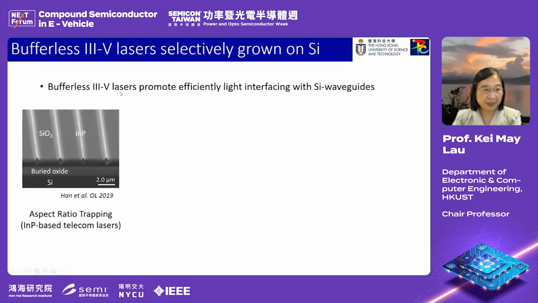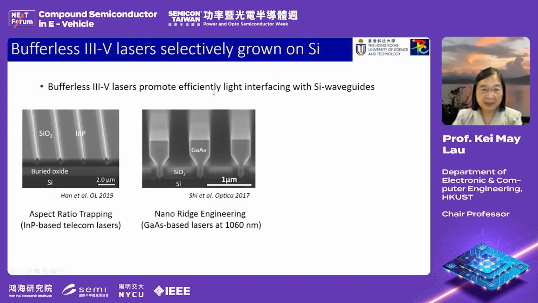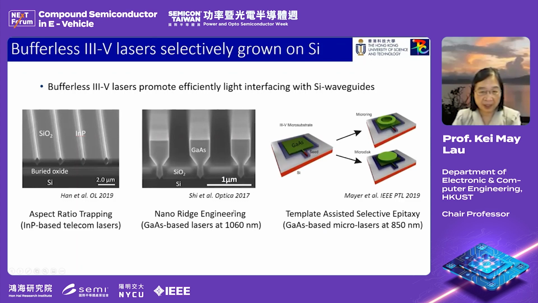And so we have demonstrated this, we call it the bufferless laser, and then it can be integrated with the silicon waveguides easily. And at the same time, there are a couple other groups that are also working on it.